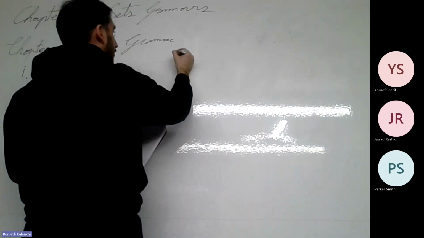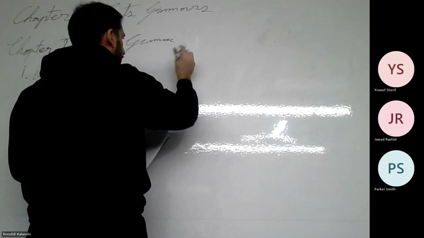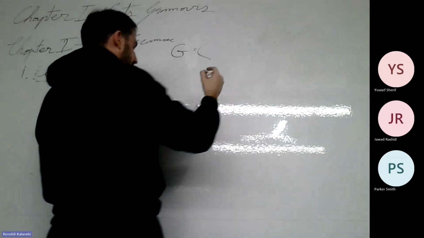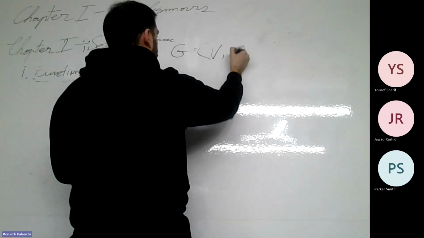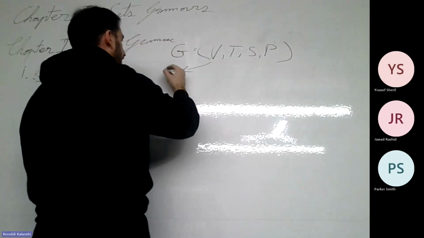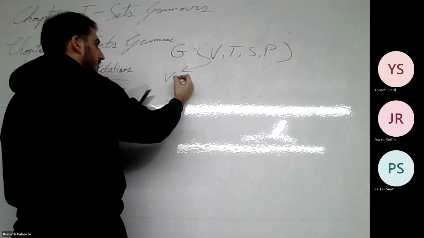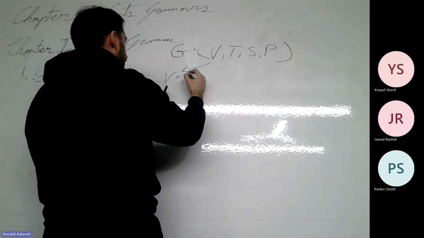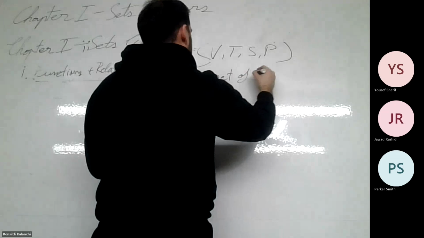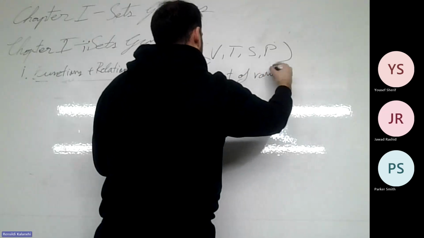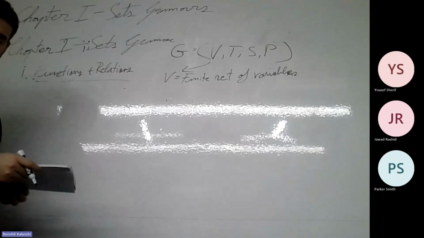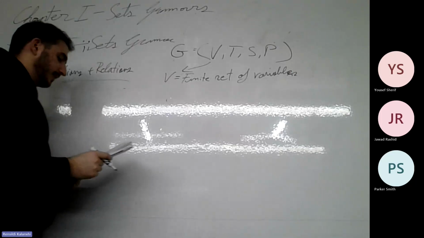I'm naming it with capital G: V, T, S, and P. V is a finite set of variables, meaning I cannot put infinite there.